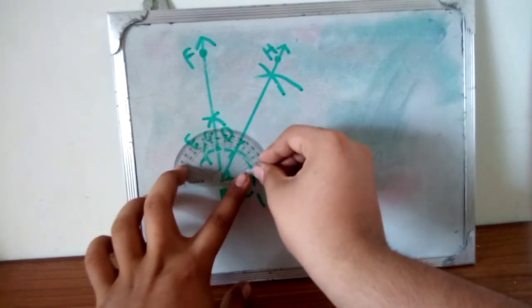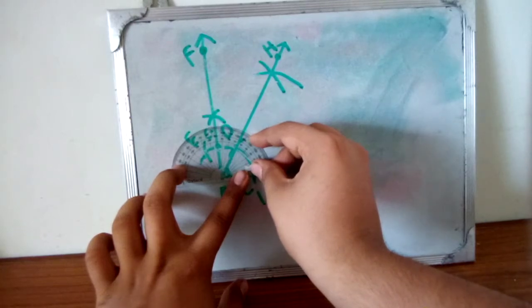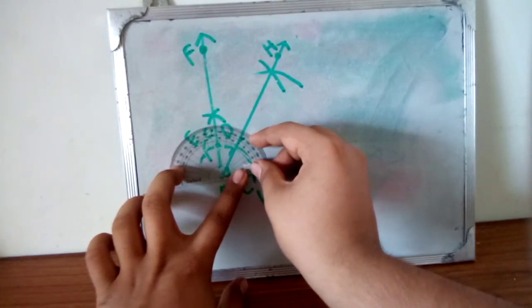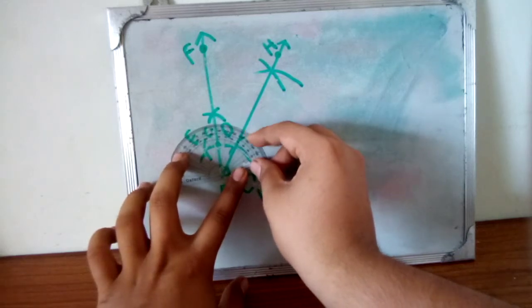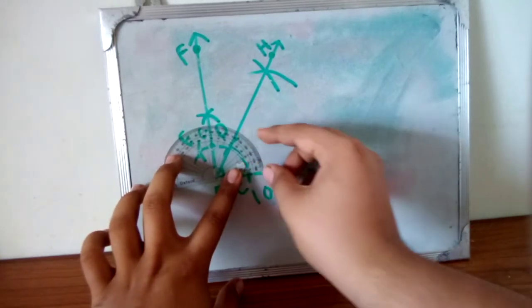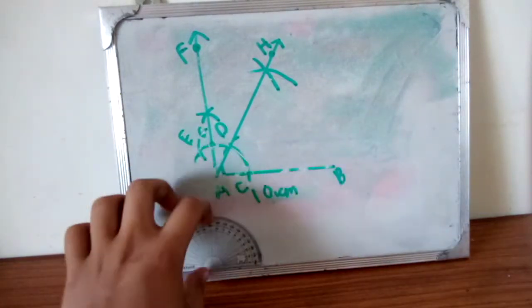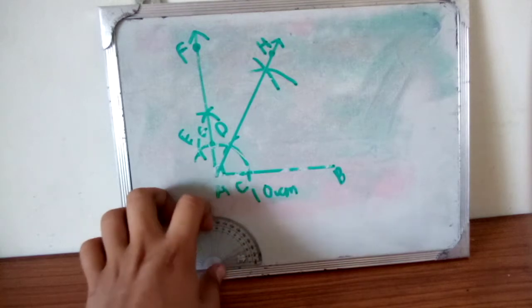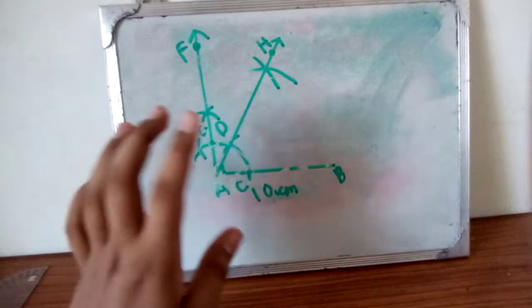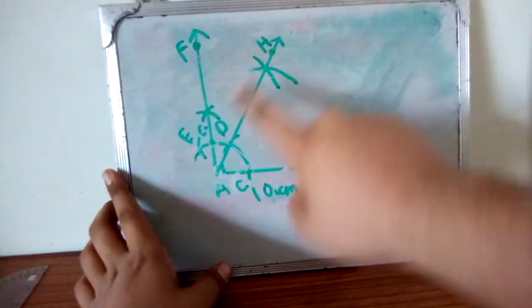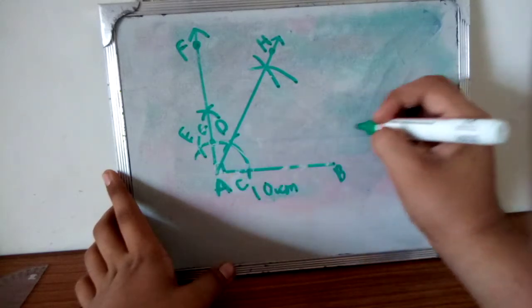Recheck the measurement by a protractor. This angle is of 45 degree. Now make a perpendicular bisector for 45 degree, which is angle HAB.